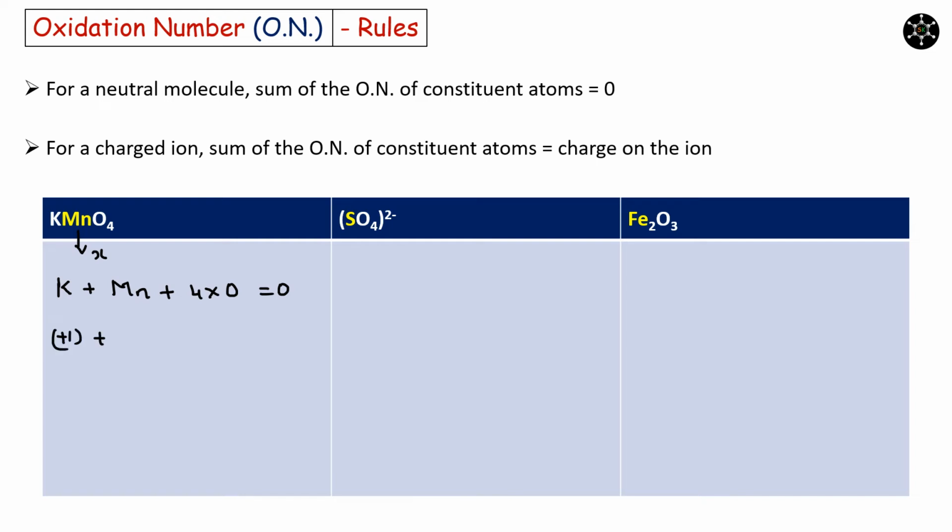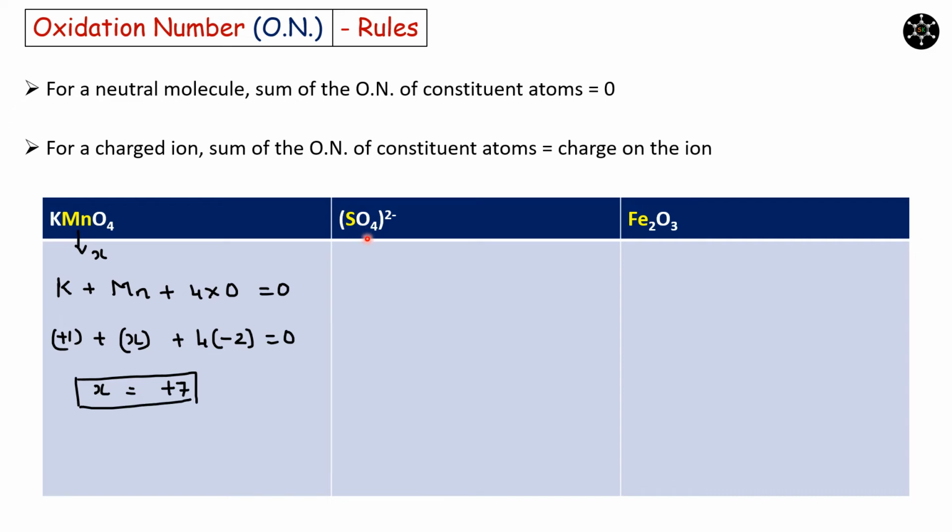Oxidation number of manganese we have to find, X. Oxidation number of oxygen in most compounds is -2. This is equal to 0. Upon solving, we get X as +7. So, the oxidation state of manganese in KMnO4 is +7.